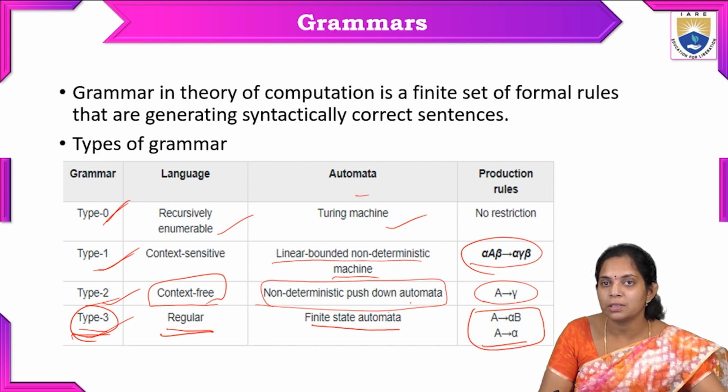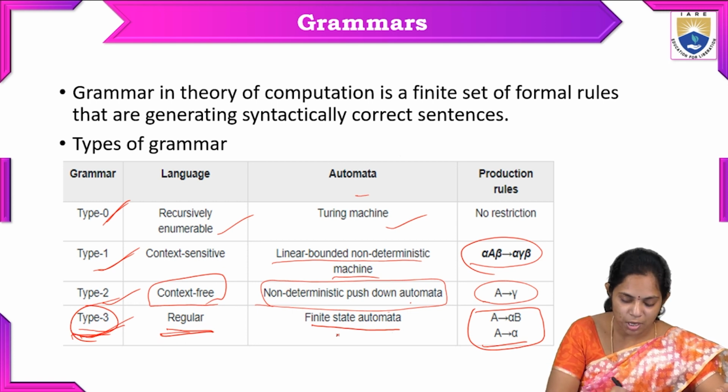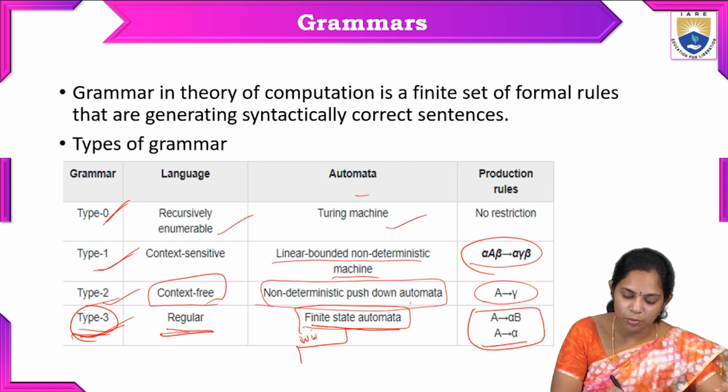Till now we have discussed regular languages. Which type of grammar do we use for regular languages? It comes under the type 3 grammar, and the language for type 3 grammar is the regular language. And what are the finite automata? We already have them with output and without output: Moore and Mealy machines.